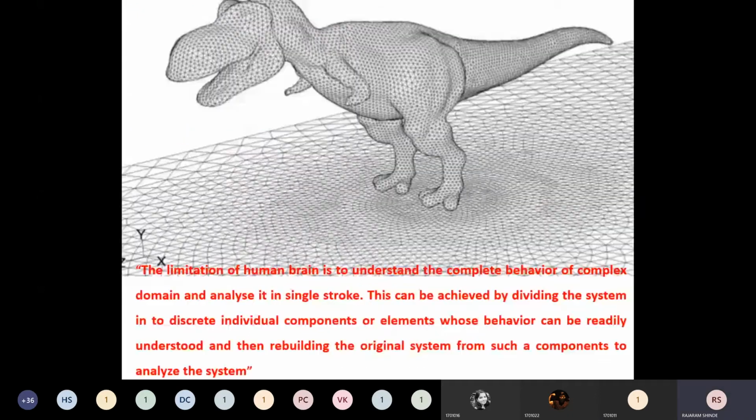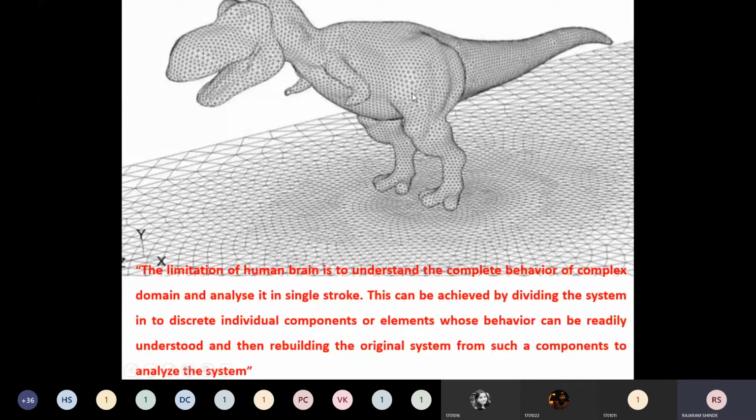Here, this can be achieved by dividing the system into discrete individual components or elements whose behavior can be readily understood. If we consider any small triangular part here, we can understand and analyze the behavior of that small part.